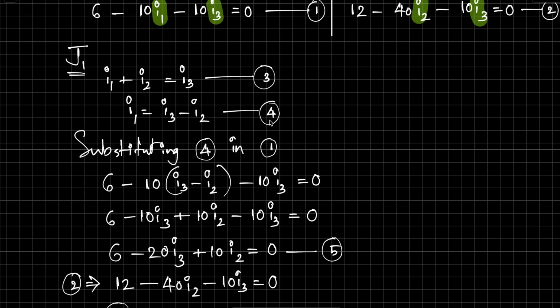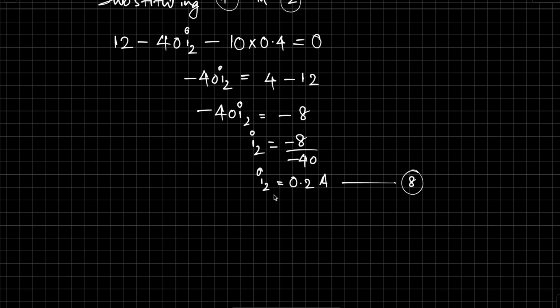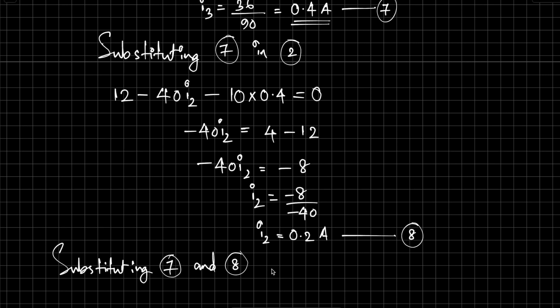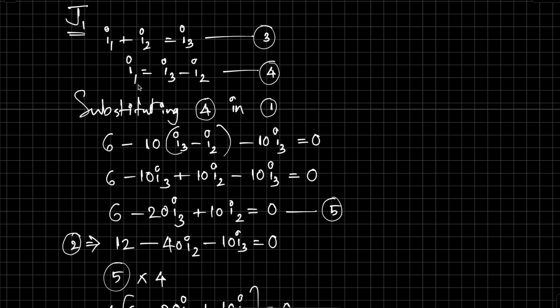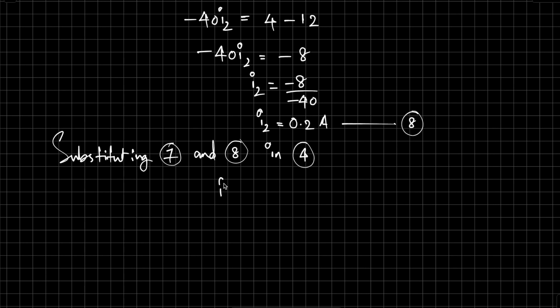I'm going to substitute the values of I3 and I2, equation number 7 and equation number 8, in equation number 4. Equation number 4 is I1 equals I3 minus I2.